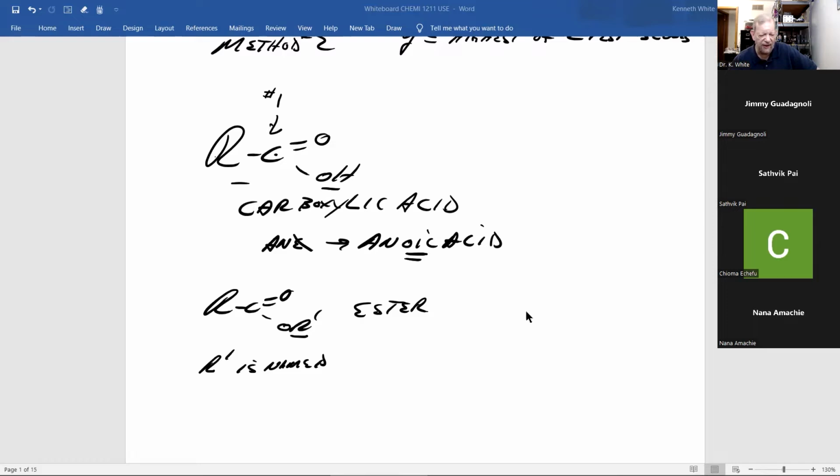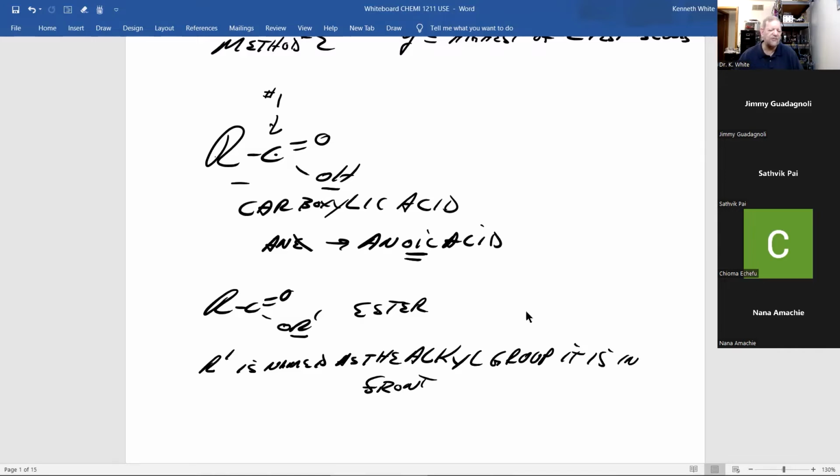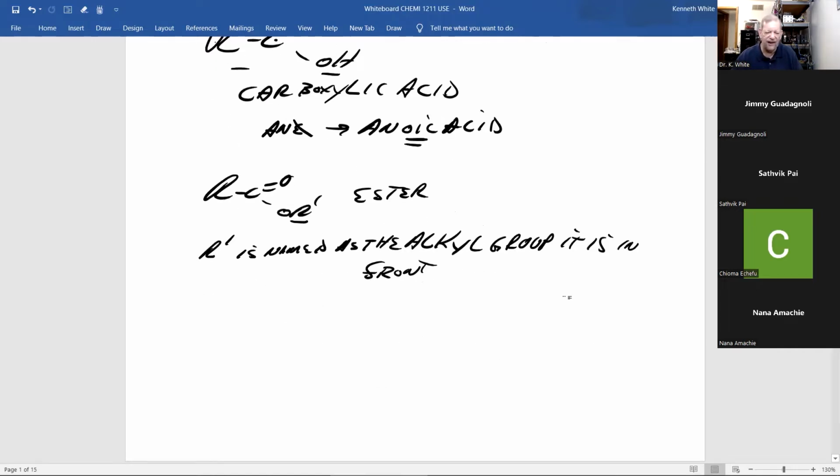For an ester, the R prime is named as the alkyl group in front. And then there are two ways. This is 1, 2.